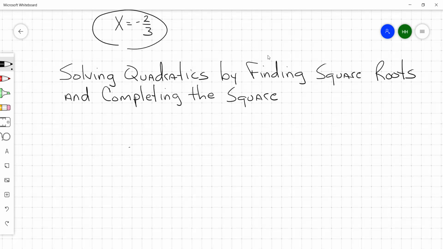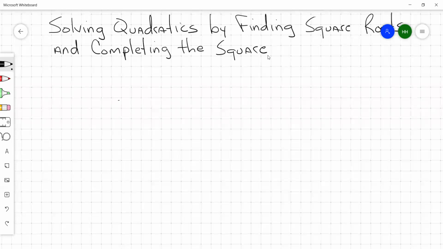And let's say we've got an equation like 4x squared plus 10 equals 46. What is the solution of each equation?